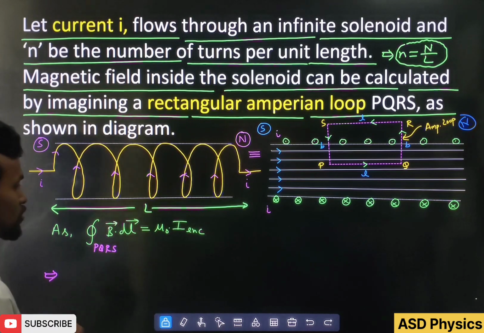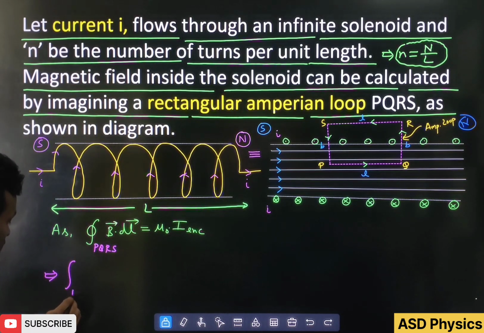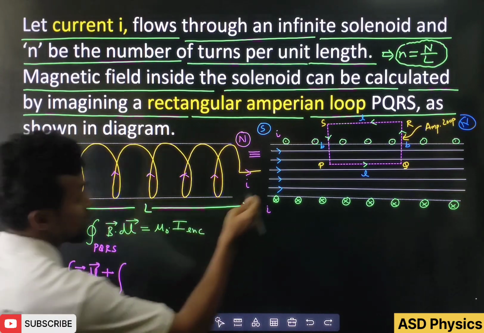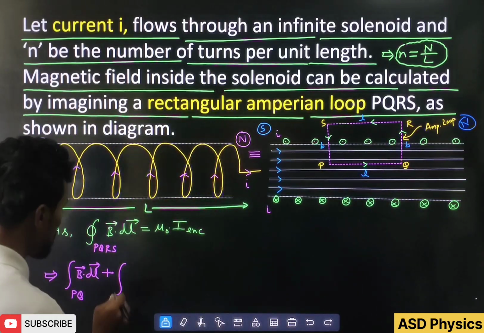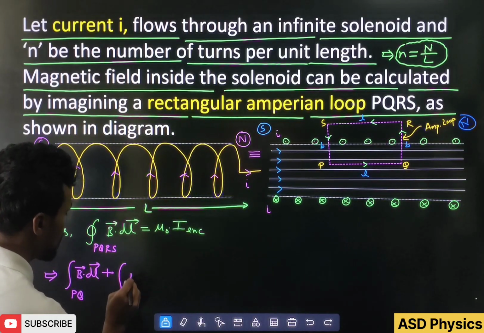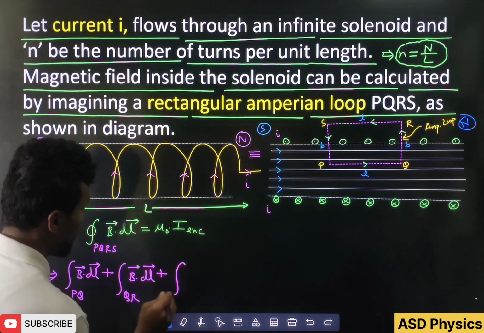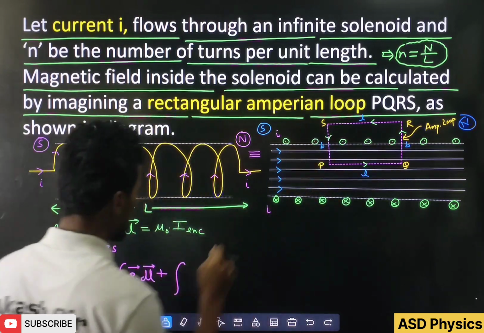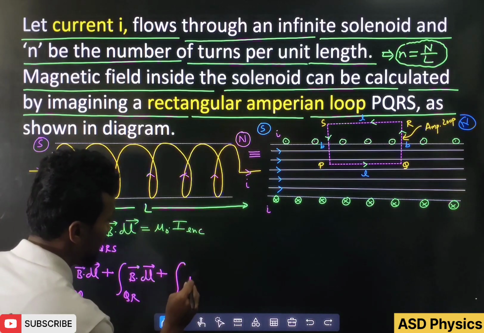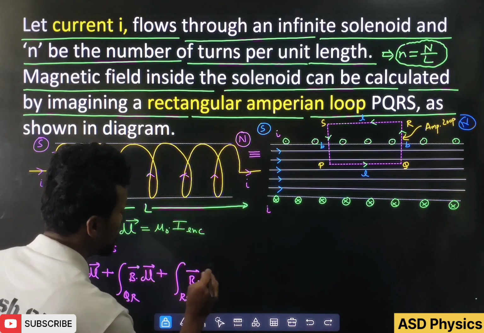Okay. Now what I will do here, I will divide it into parts. So see here please. First I will write P to Q, B dot dl. Is it? P to Q, B dot dl. Next one, Q to R, B dot dl, plus R to S, B dot dl.